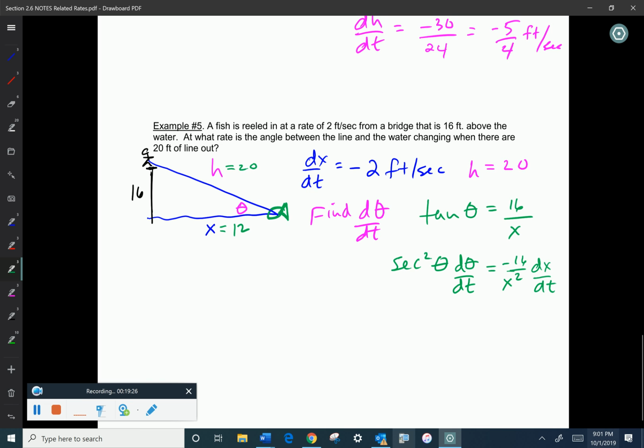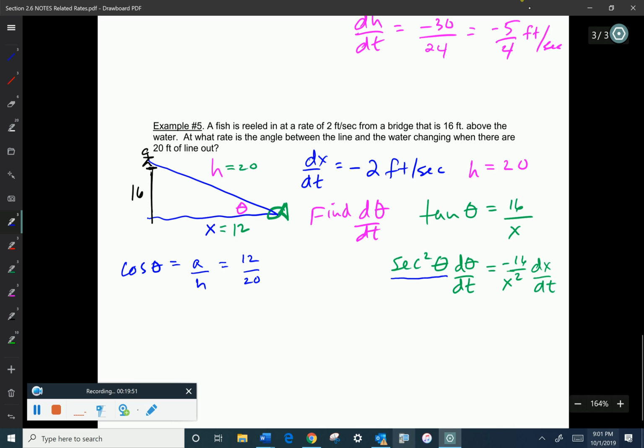Okay. But what I still don't know is secant theta. I need to know what secant theta is. Well, look here. Look at my triangle. I know that cosine is adjacent over hypotenuse, which would be 12 over 20.